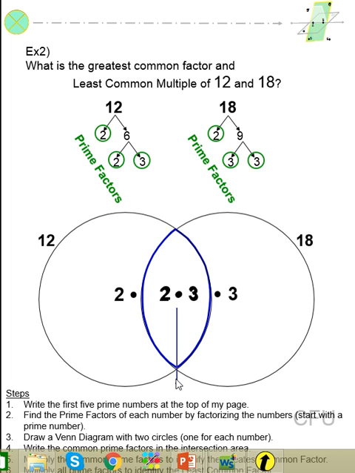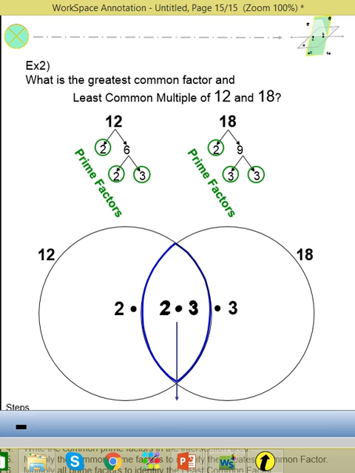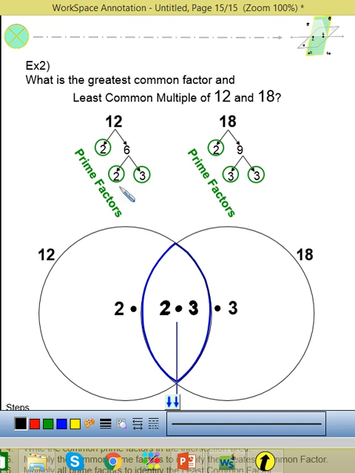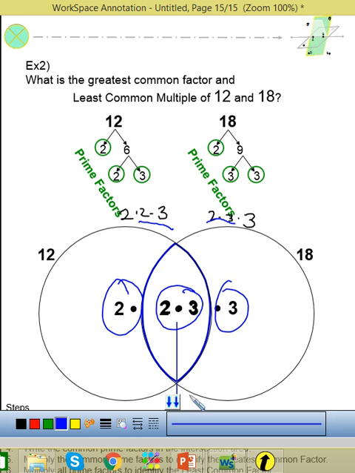Okay, if you made a mistake, let's see what the mistake was. Here we go. It's 2 times 2 times 3. This one was 2 times 3 times 3. What do they have in common? One 2 and one 3. There it is. What's left over? A 2. What's left over? A 3.